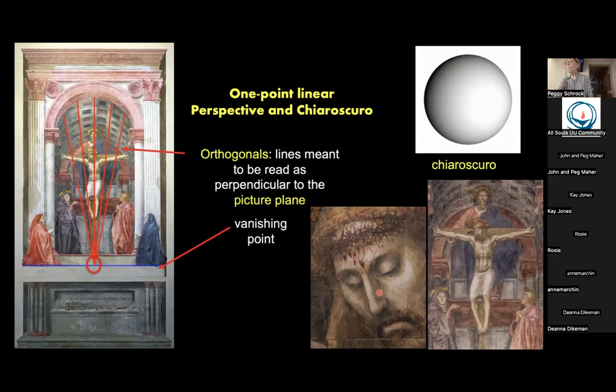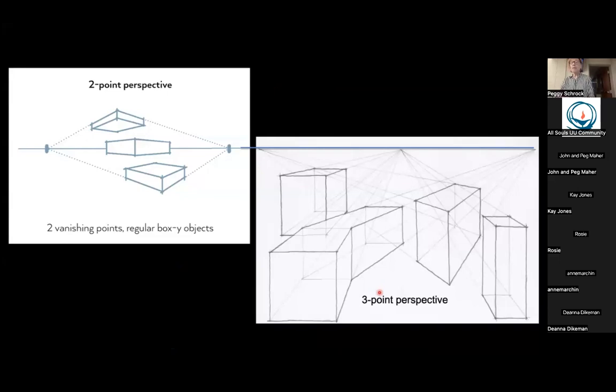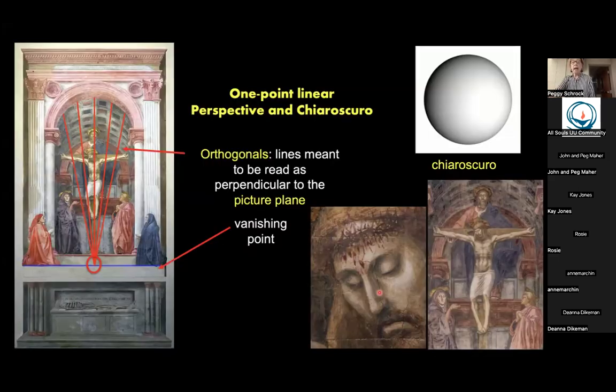I also mentioned briefly the fact that you can have more than one vanishing point. 1-point perspective assumes that all the forms are placed parallel to the picture plane and that they diminish perpendicular to the picture plane. But what if you have something that isn't? What if it's sort of at an angle? Well, then you need more than one vanishing point.